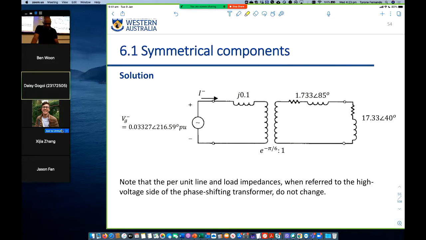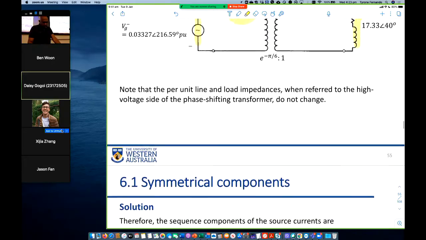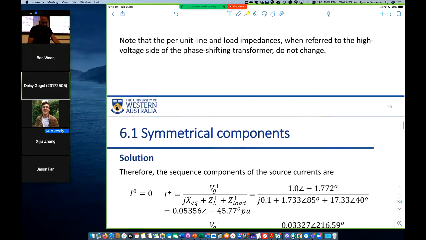Negative sequence circuit, again, we have an impedance, voltage source. We have the reactance of the generator, line impedance and the load impedance. Again, we have the voltage divided by these impedances, so we can calculate the current I minus.